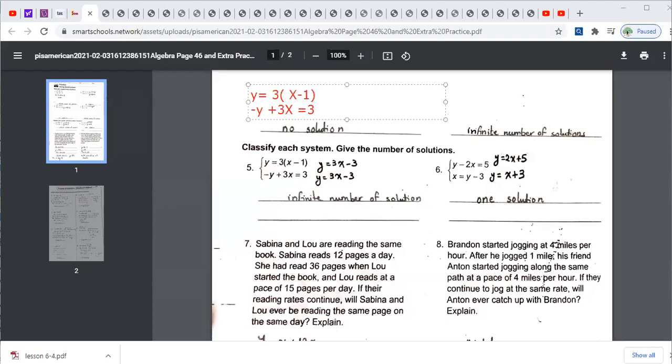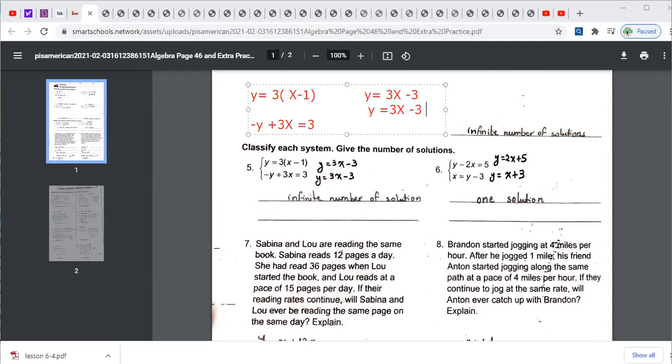The quick way is to rewrite the equation in slope-intercept form. So in this question, y equals 3x minus 3, and the second equation is also y equals 3x minus 3.